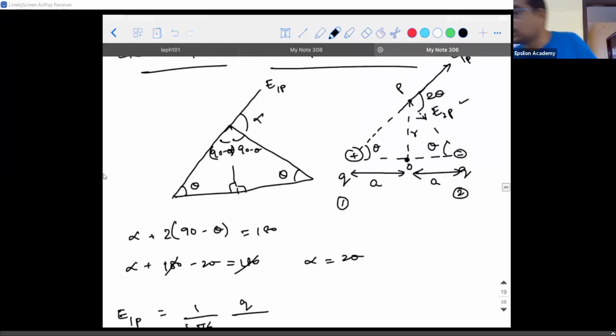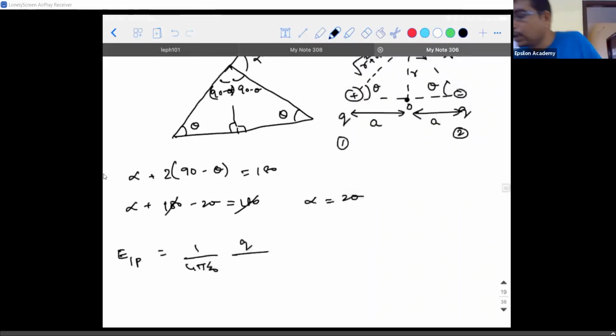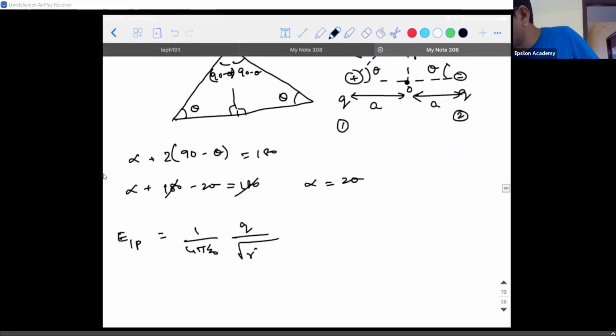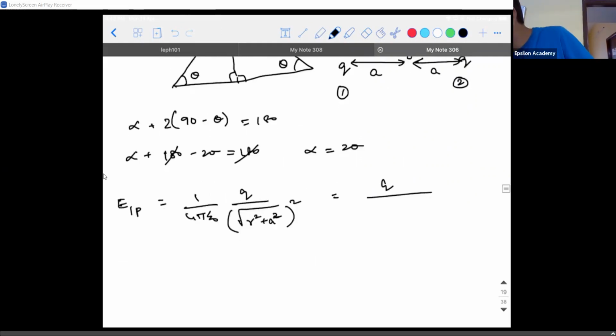What is the distance? If this is r and a, this distance will be root of r square plus a square. So it is square root of r square plus a square, the whole square. Shall I proceed? So this is equal to q divided by 4 pi epsilon naught, r square plus a square.